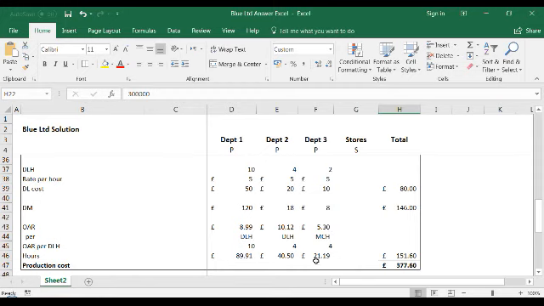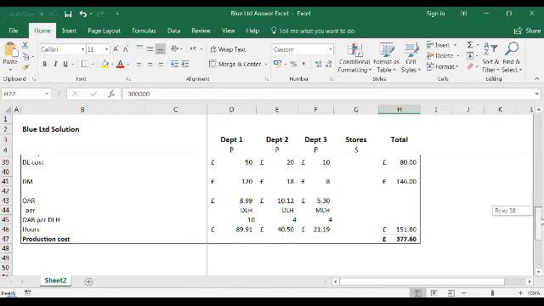So these three figures we add and it is 151.60. So that is the overhead which has been allocated to the product using the overhead absorption rates. Add these three and we get production cost of 377.60.